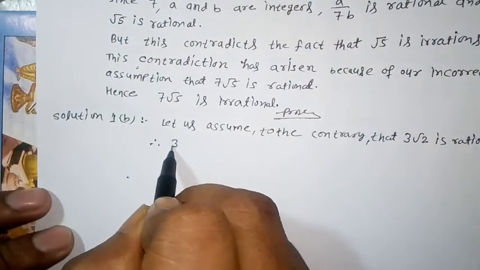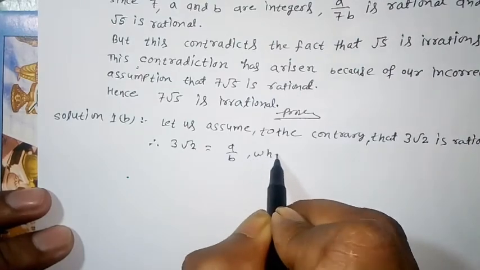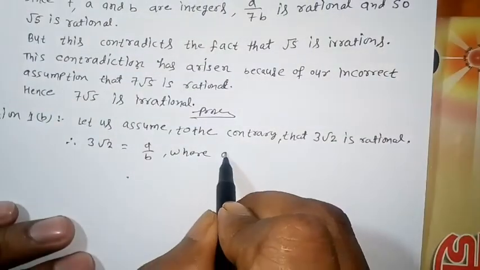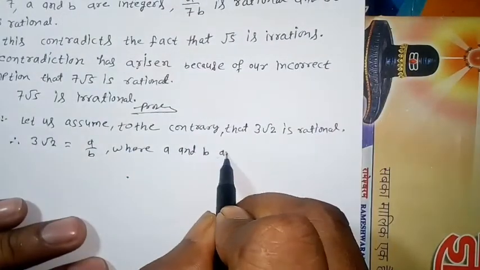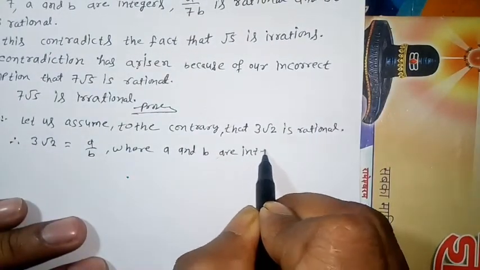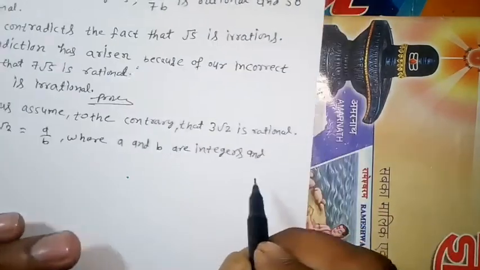Therefore 3 root 2 is equal to a by b, where a and b are integers and co-prime.